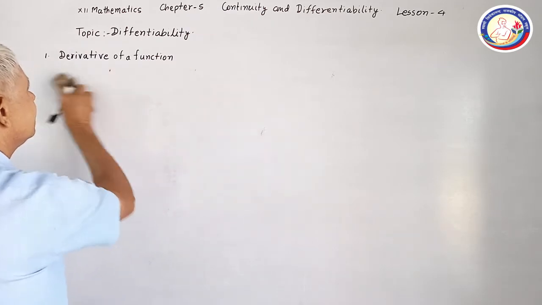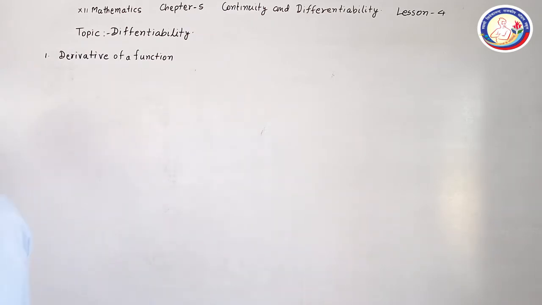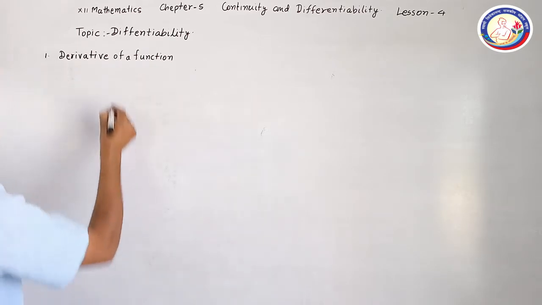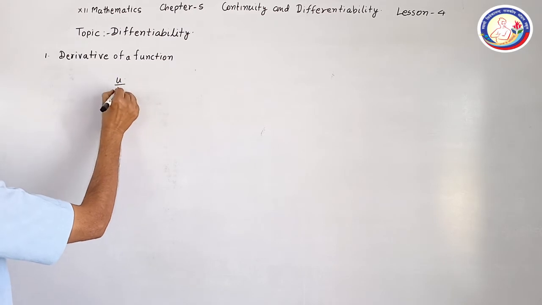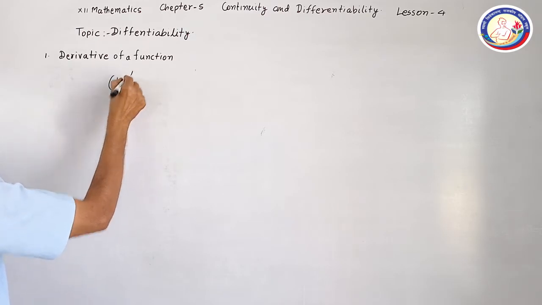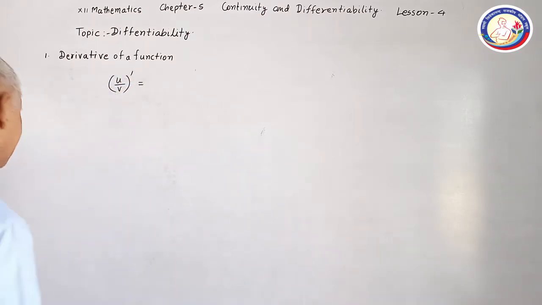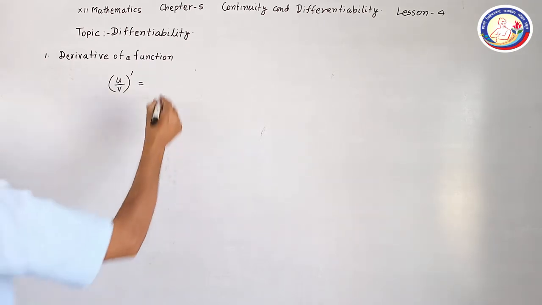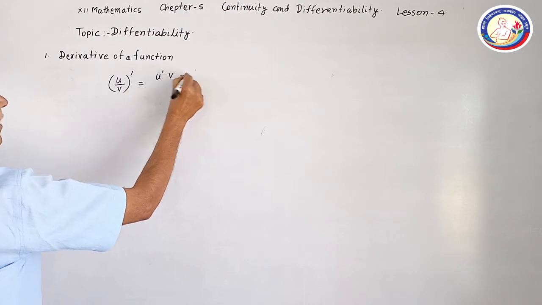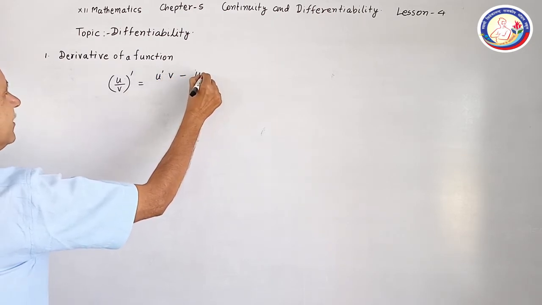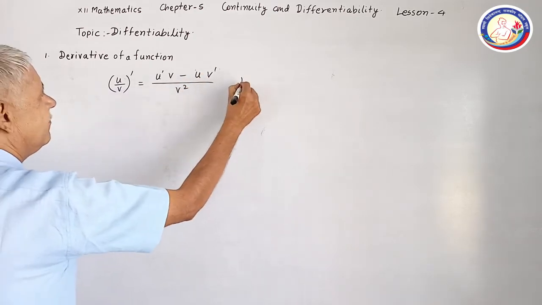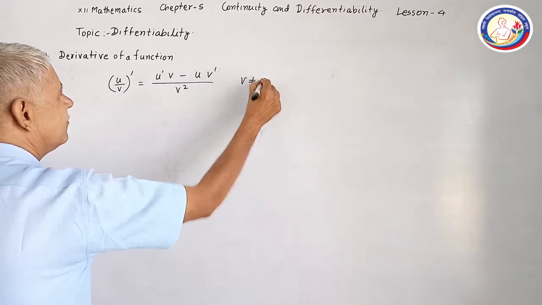Now we come to the quotient rule. If u and v are two functions and we have to find the derivative of the quotient of u and v, that is u by v, it will be given by derivative of first function into second minus first function as it is, derivative of second, divided by v square, and the value of v is not equal to 0.